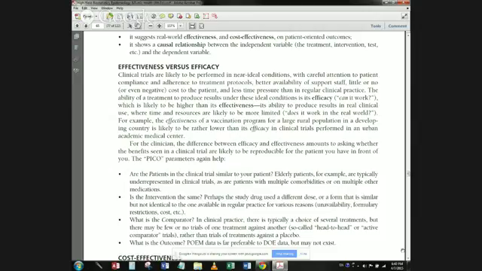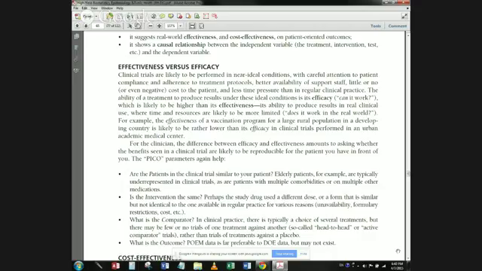Elderly patients, for example, are typically underrepresented in clinical trials, as are patients with multiple comorbidities or on multiple other medications. Is the intervention the same? Perhaps the study drug used a different dose or a form that is similar but not identical to the one available in regular practice for various reasons, such as unavailability, formulary restrictions, costs, etc. What is the comparator?